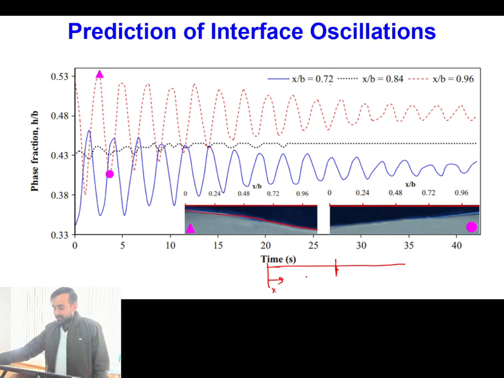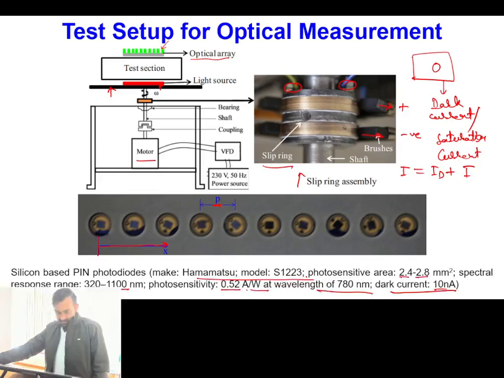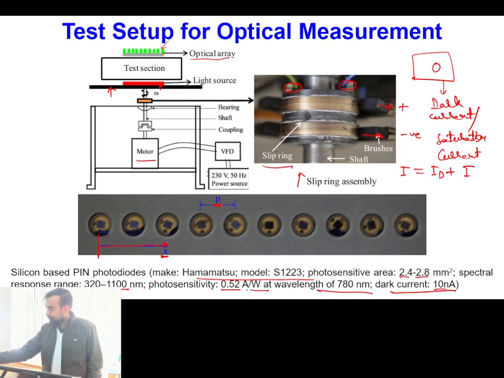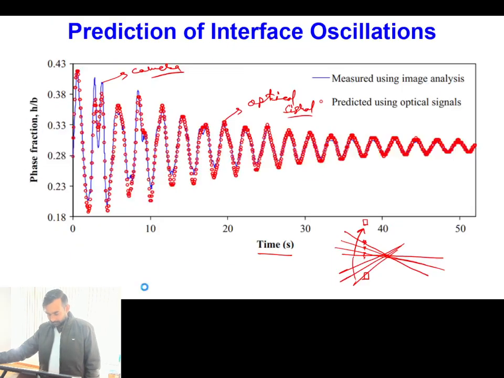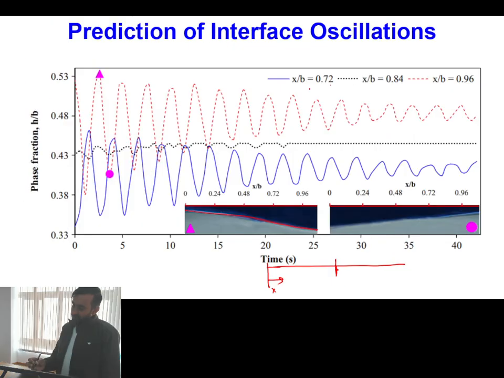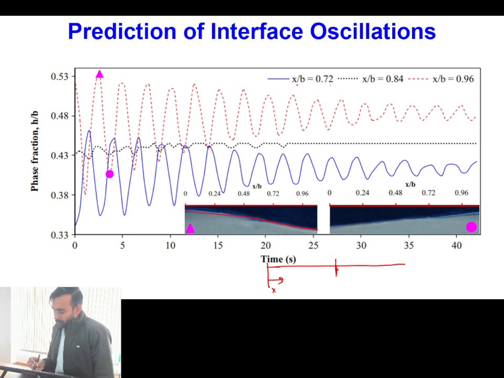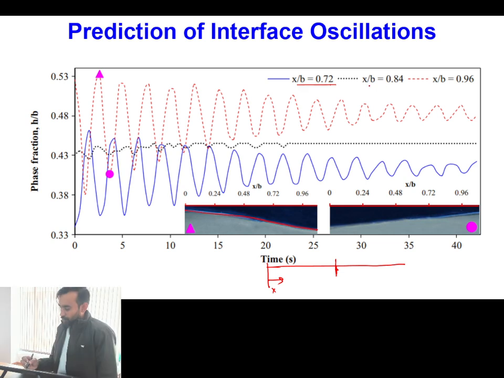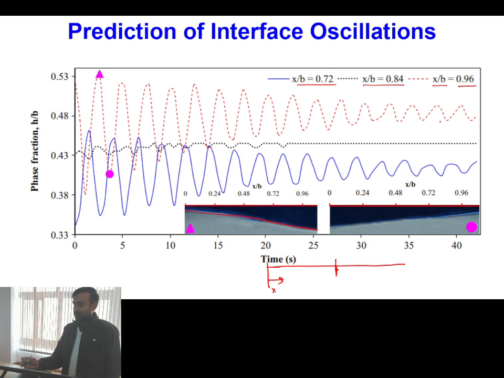What was the reference of x, do you recall, or do I need to explain? You can see here the center of the first sensor is your x. Now here you can see x/b equal to 0.72 is your blue line, x/b equal to 0.84 is your black line, and x/b equal to 0.96 is your red line.